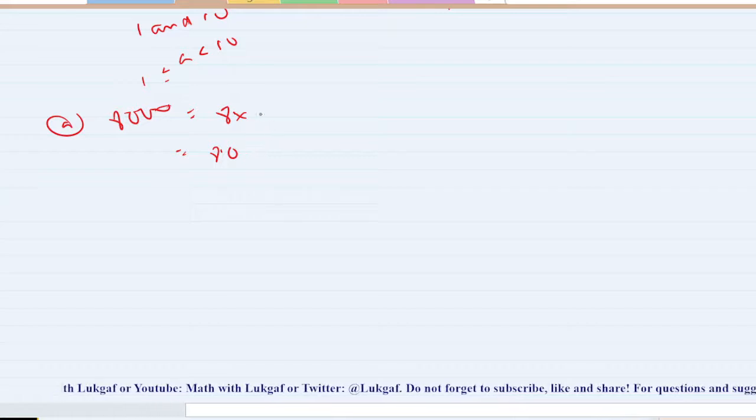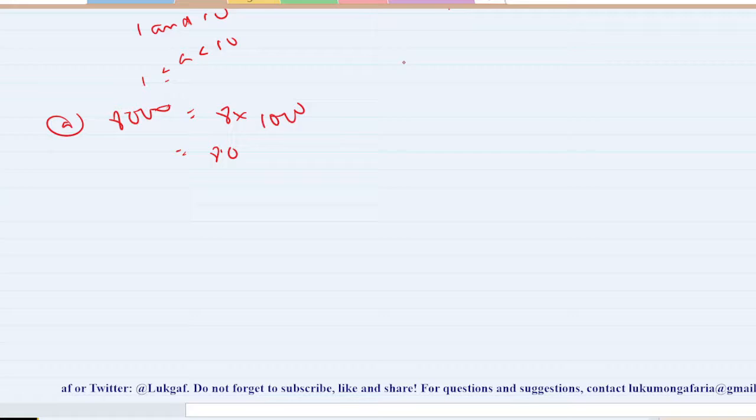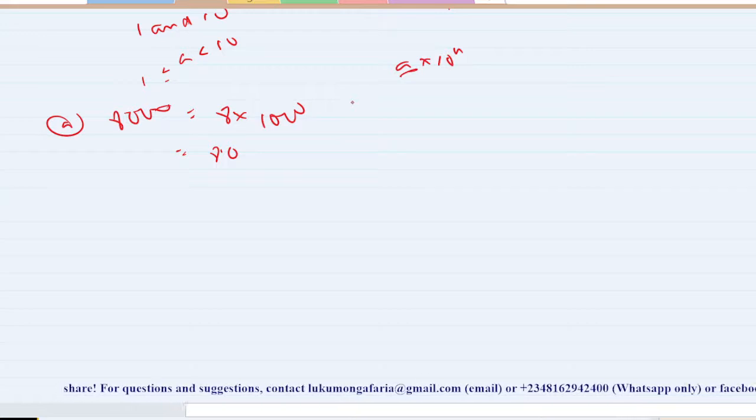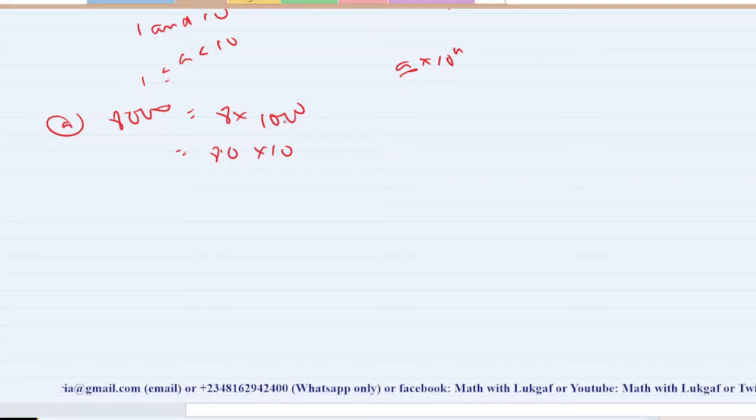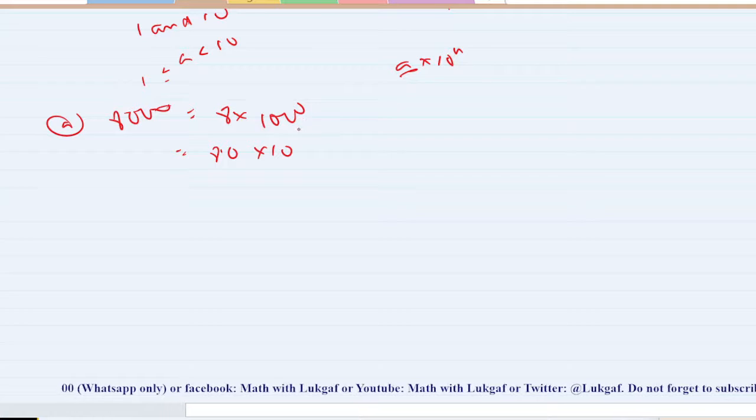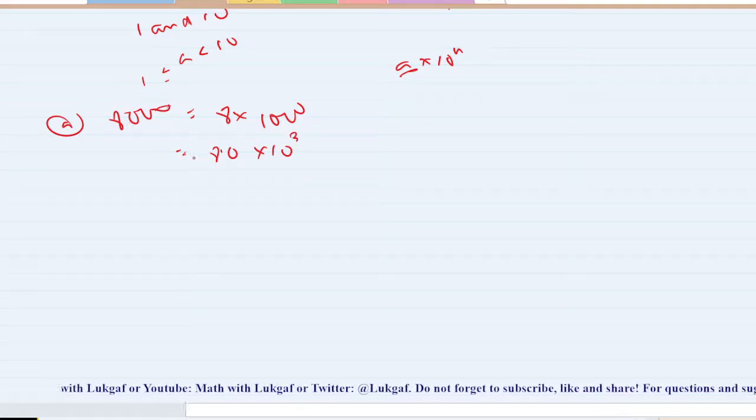By the definition of standard form, your a must be a number between 1 and 10. So let's say this is 8.0. Then if you write 1,000 in index form, that's 10 raised to the power 3. Then you see your 8,000 is the same thing as 8.0 multiplied by 10 raised to the power 3.